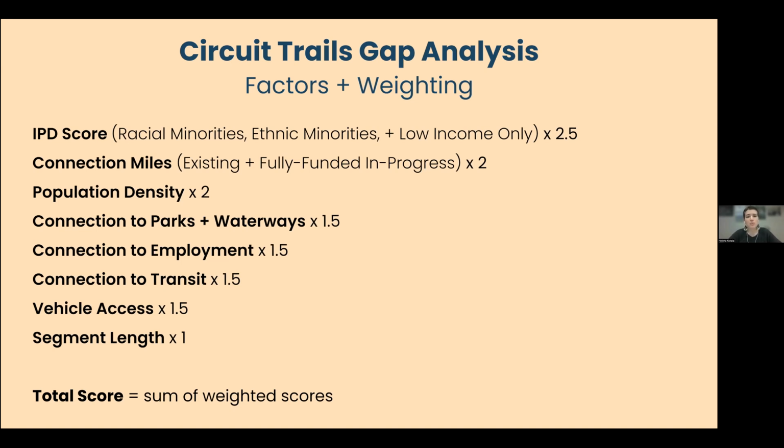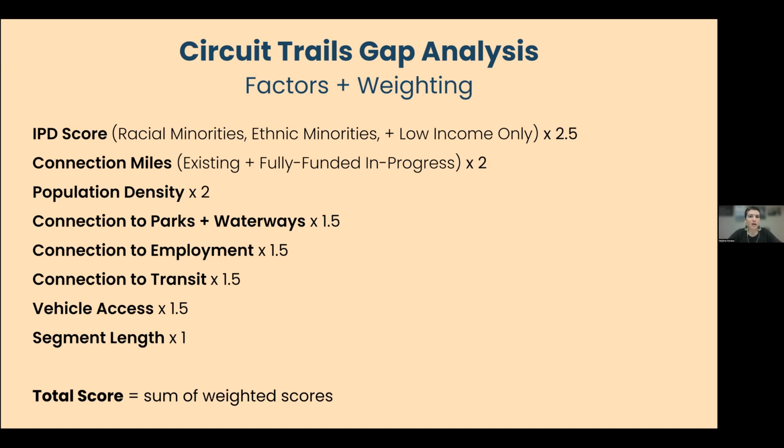For our analysis, we decided to pull out just 3 of their 9 factors and really focus on racial minorities, ethnic minorities, and low income. So in the tool, where you see focused IPD score, that just takes into account those 3 factors, whereas the DVRPC IPD score is their full suite of 9 factors.